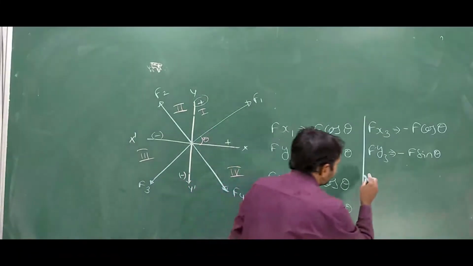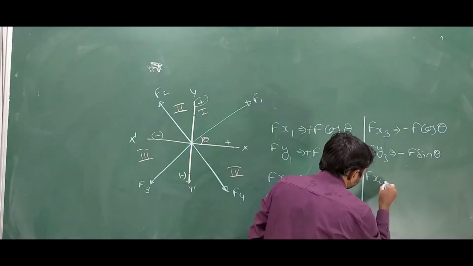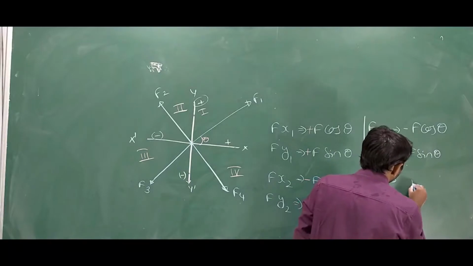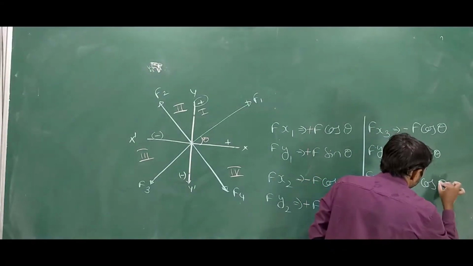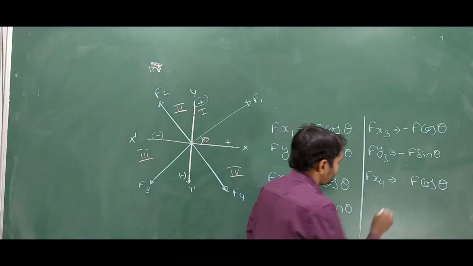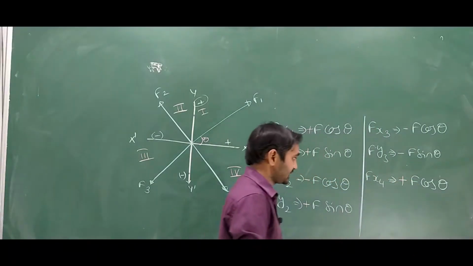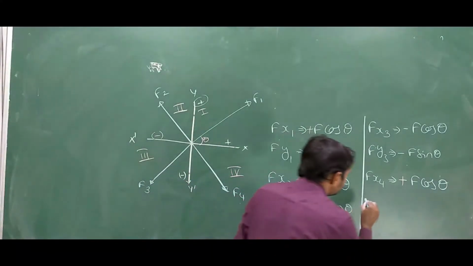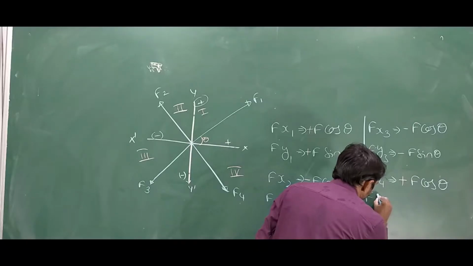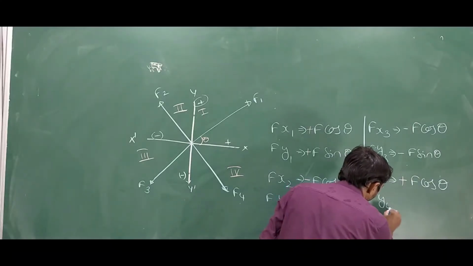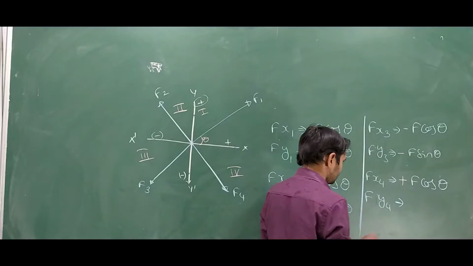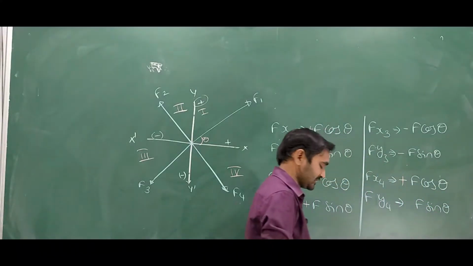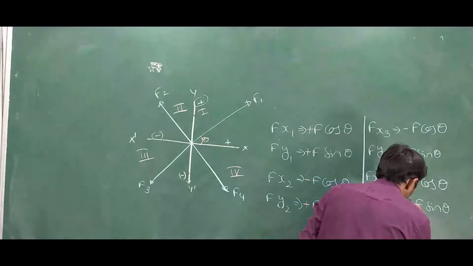Let this be Fx4 equal to, I'll get positive this side, so F cos theta, the sign is positive, and when I resolve the same force towards y direction, I'll get negative. Fy4 is equal to F sin theta, you will get minus sign.